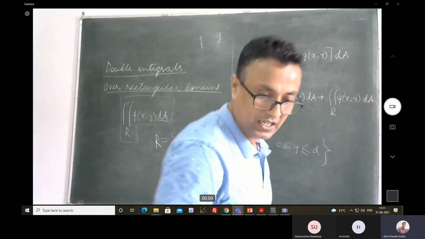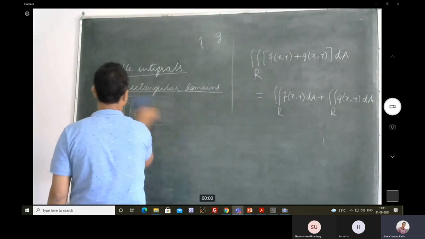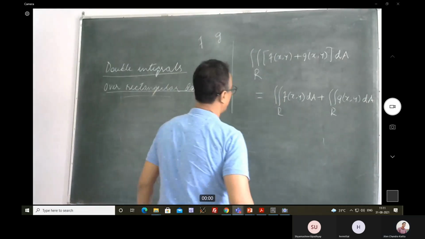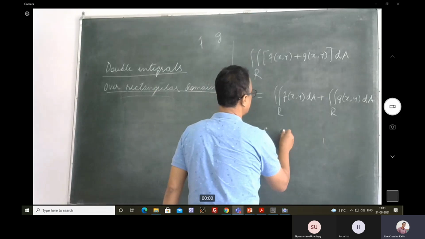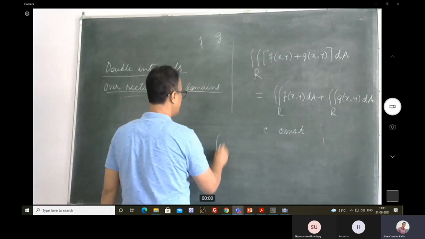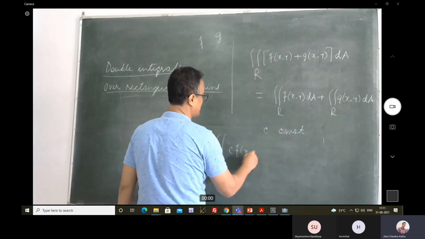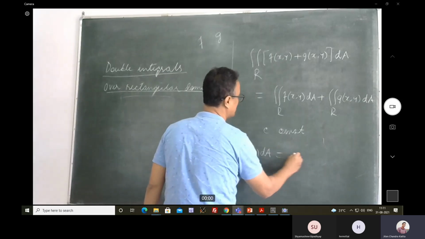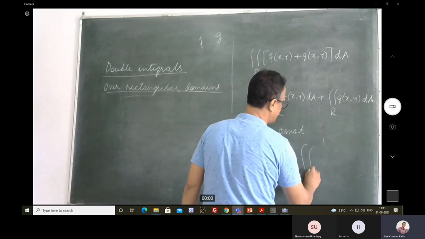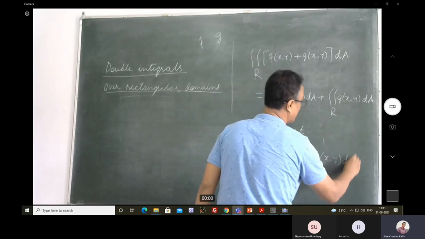And again, if c is a constant, then the double integral over R of c times f(x,y) dA equals c times the double integral over R of f(x,y) dA. You can simply take this out, of course, this is a real constant.